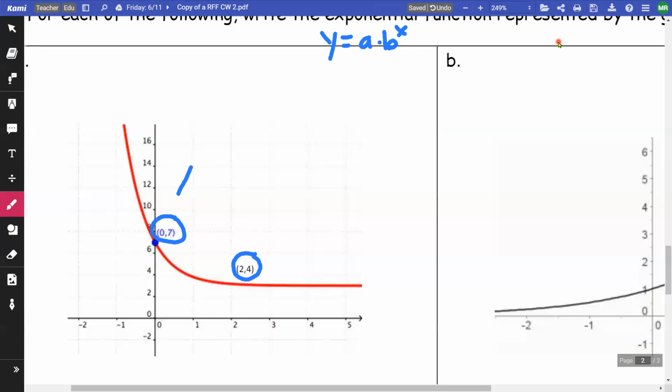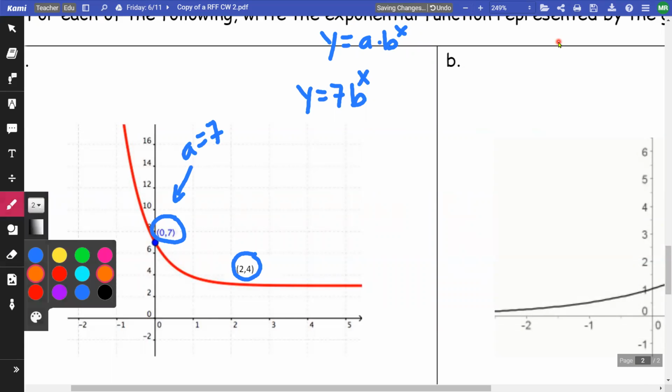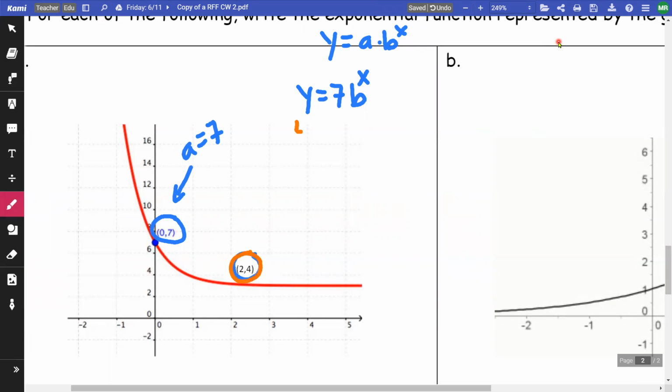My a is going to be 7 because that's my 0. So I know it's going to be y equal 7 times b to the x. I am going to put this point 2,4 in for my x and y. I'm going to put 4 here, 2 here. I'm going to divide both sides by 7.